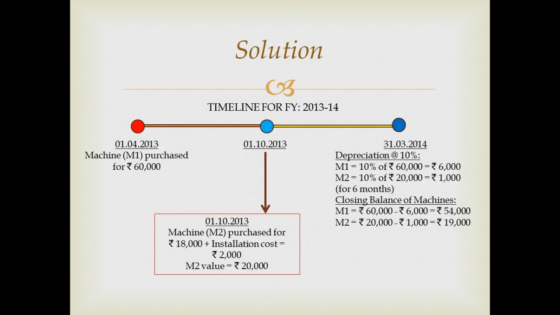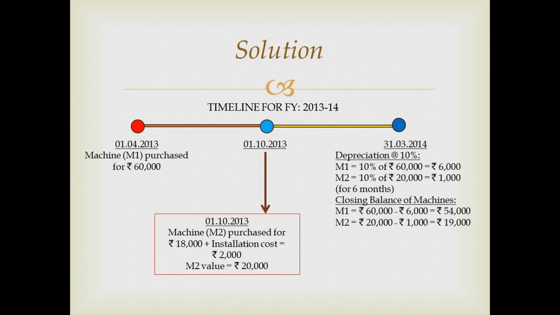Then on 31st of March 2014, depreciation at 10% has been provided on the written down value method. So for machine M1, it shall be 10% of Rs 60,000, resulting in Rs 6,000, and for M2, it shall be 10% of Rs 20,000, but for 6 months, because M2 was purchased on 1st of October 2013.